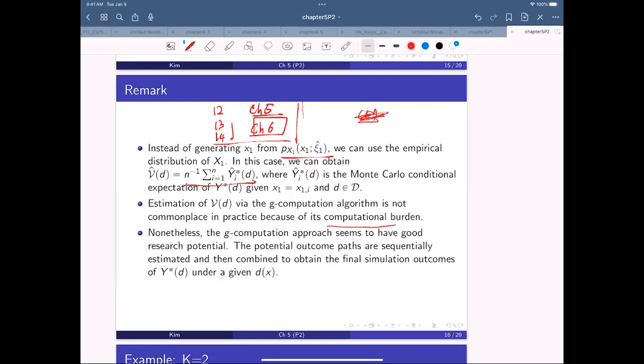The G formulation essentially means identification by using the conditional distributions in a sequential way. So why is it called G? If you think of sequential or conditional, it should be called the S formulation or C formulation. Why is it called the G formulation?